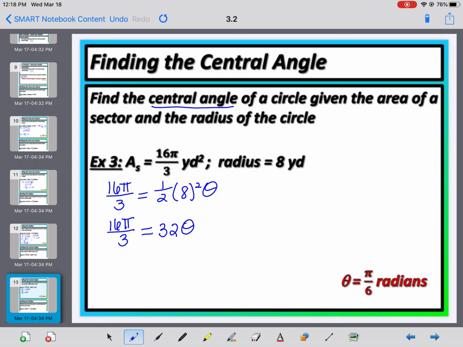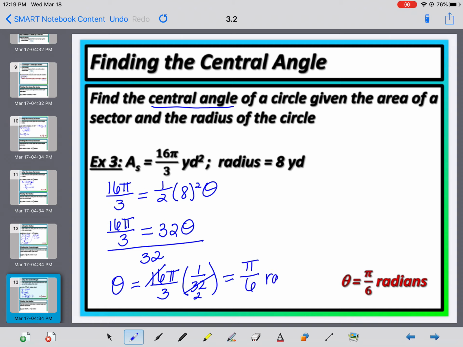So I have 32 theta. Divide by 32. So this is really 16 pi over 3 times that reciprocal. I can do some cross canceling, so 16 and 32. And now I can multiply. So pi over 6 radians.